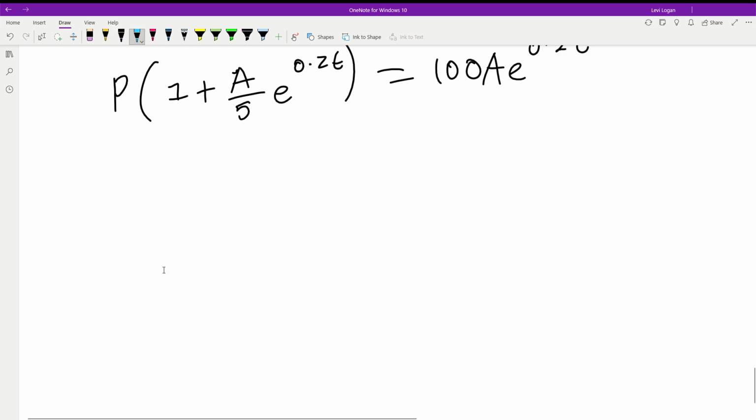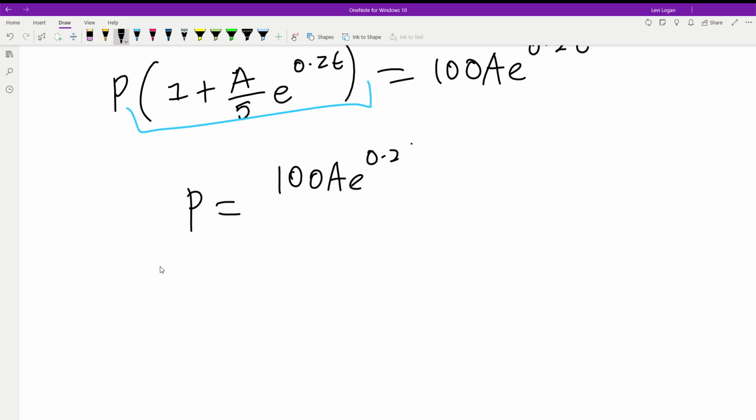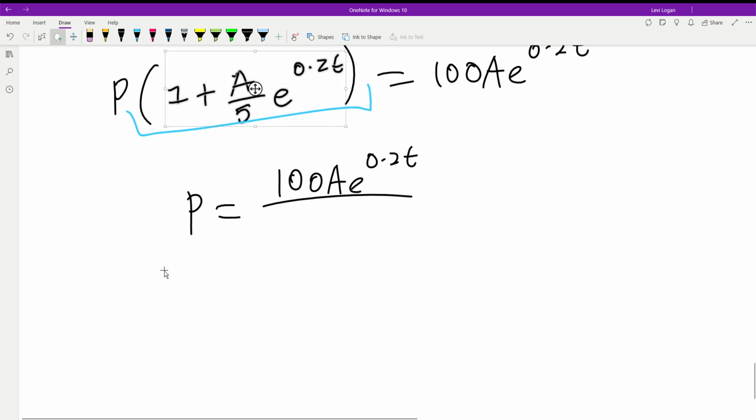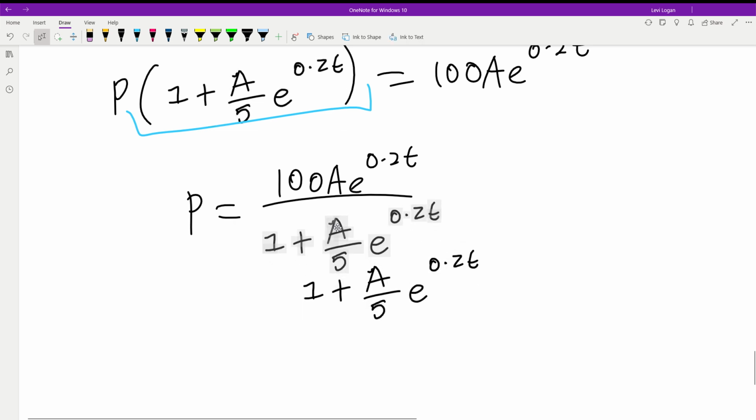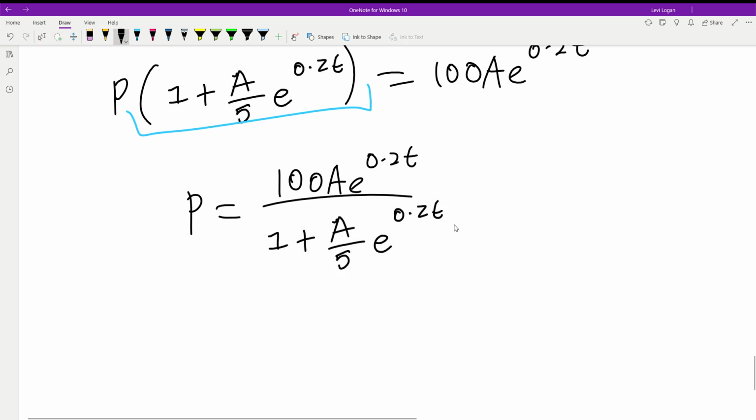We can now divide both sides by this, so we get p equals 100 a e^0.2t over, and then literally just all of this. I'm just going to be lazy and copy it, and there you have it.